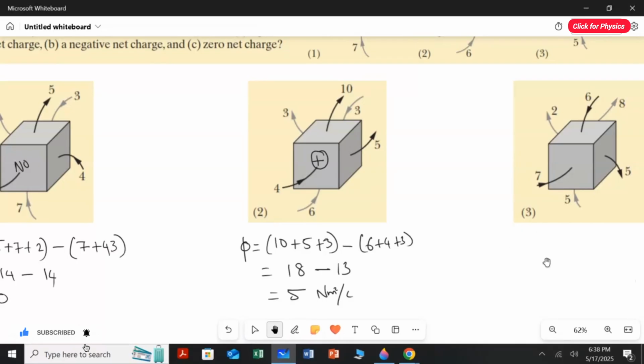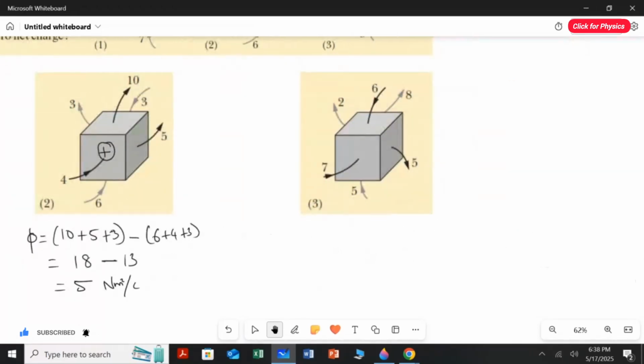Now we have to do the same type of calculation for the last one. Let's see what the positive fluxes coming out are: 5 plus 8, which is coming out, and then 2. And what are the fluxes going into the phase? 5, 6, and then 7.